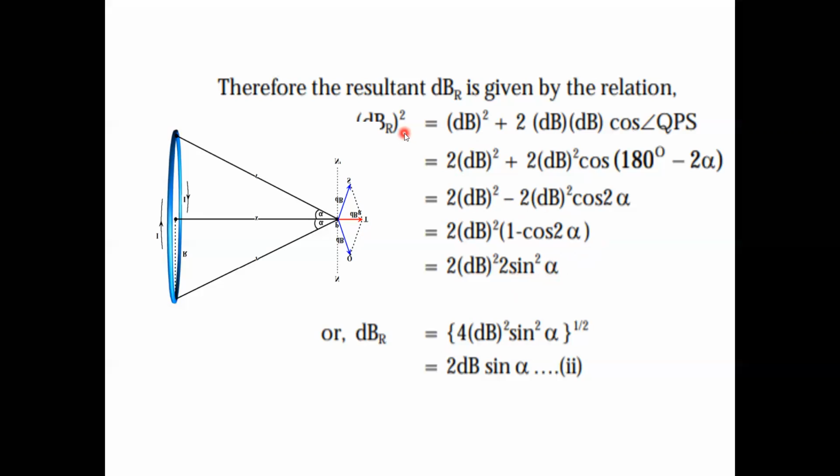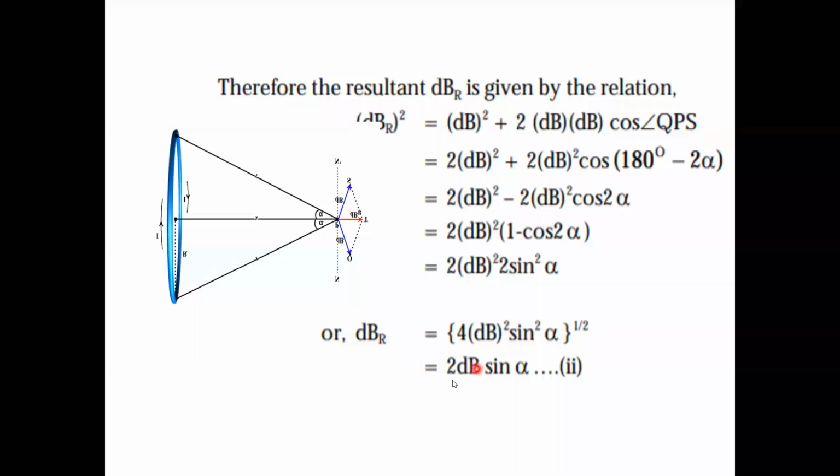But here we found the value of dBr square, and we wanted the value of dBr only. By simply taking the square root on both sides, dBr is equal to 4 dB whole square sine square alpha whole power 1 by 2.